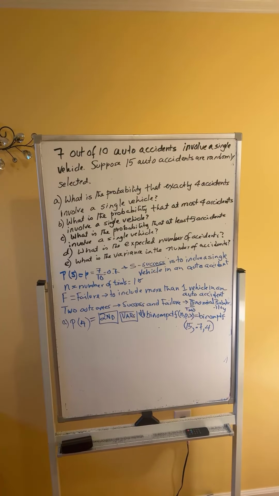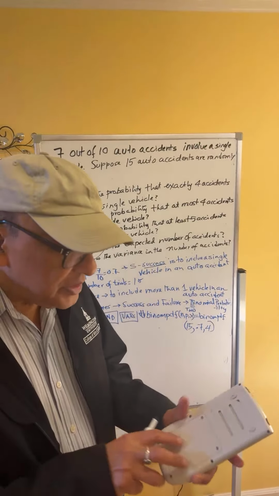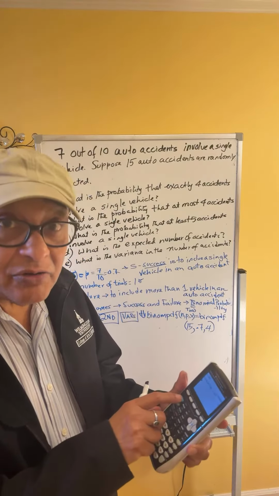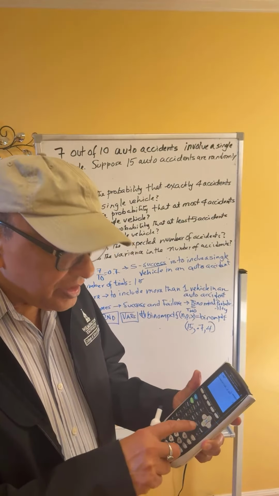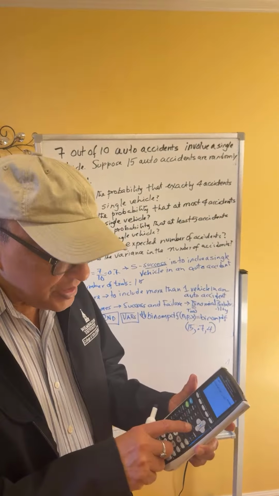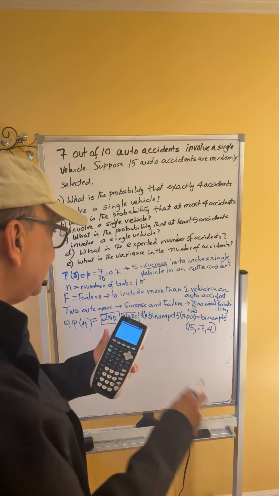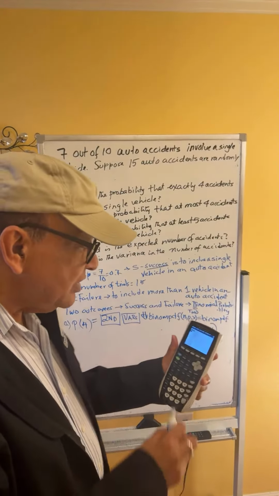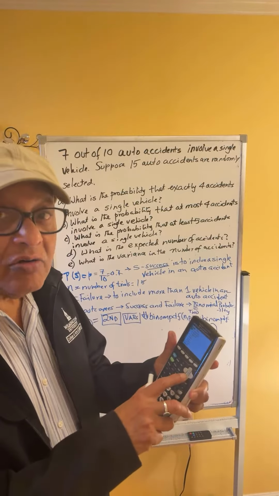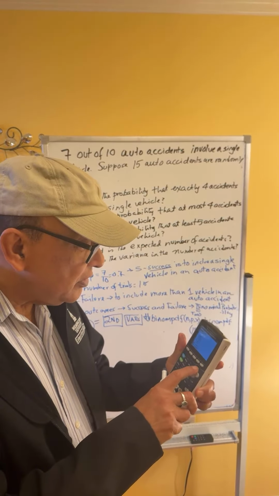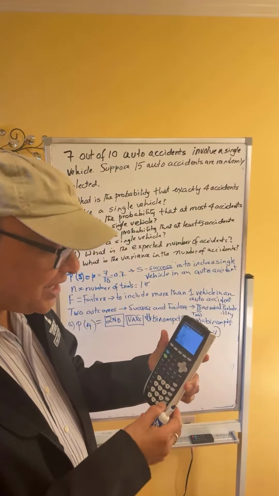So let's go to binomial PDF by pressing the second key on the top left of the TI-84 calculator, then the VARS key, which is in the third row. Then I scroll down with the down arrow key to binomial PDF and hit enter.